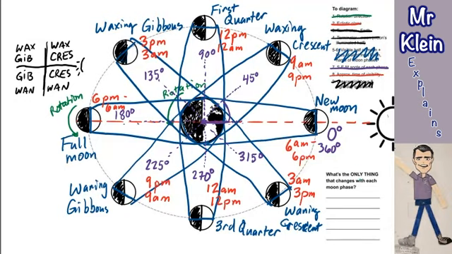And again, this is where you want your students to recognize that it's not the amount of sunlight that the moon receives. It's not that we see more or less of the moon. One half of the moon is always presented to us, and one half of the moon is always illuminated. But the relationship between the illuminated half and the visible half, that's what changes.